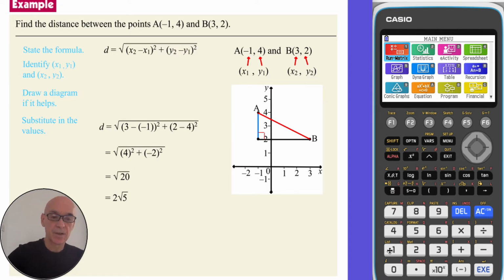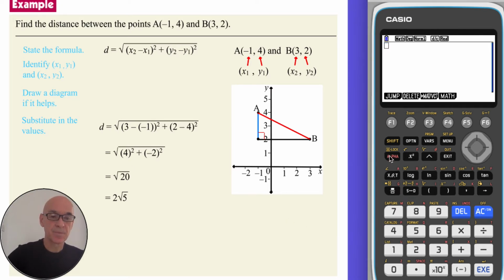type in the calculation into the calculator, so shift to get to the square root, and then we'll open a bracket, 3, take away, put -1 inside a bracket, close that bracket, square that, and plus do the same thing, open a second bracket, 2 take away 4, and close that bracket, and square that.